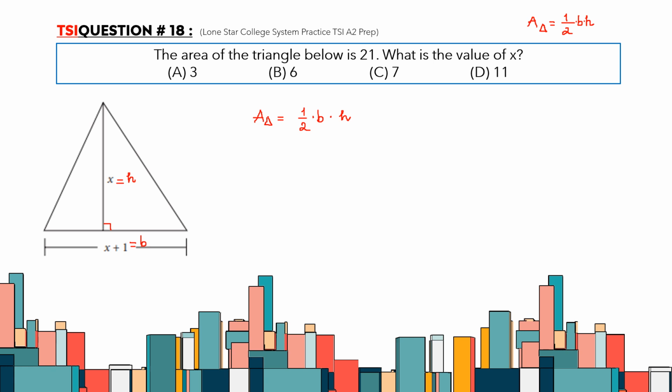The given triangle has an area of 21. So 21 equals 1/2, the base b is x plus 1, and then h is x.